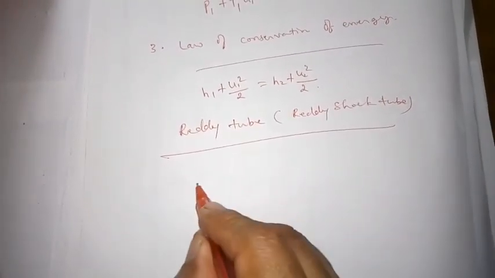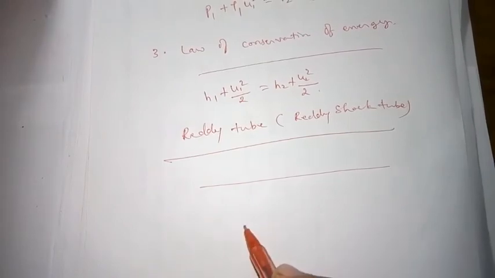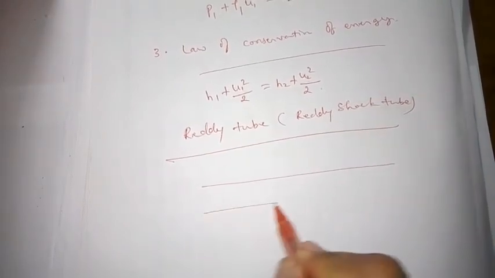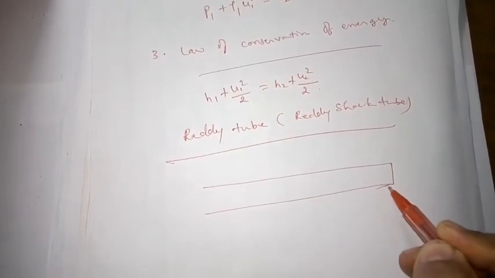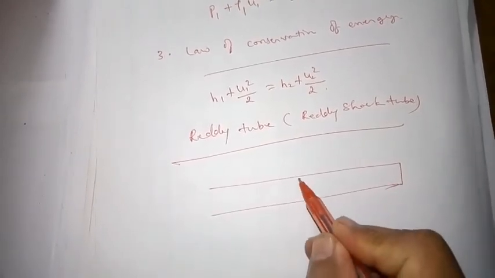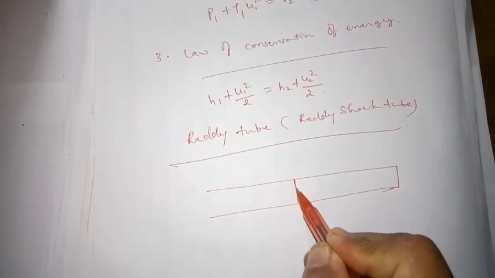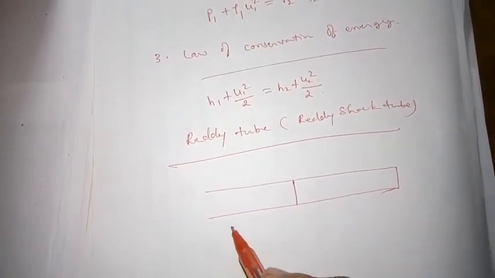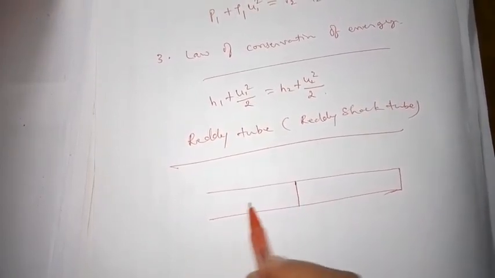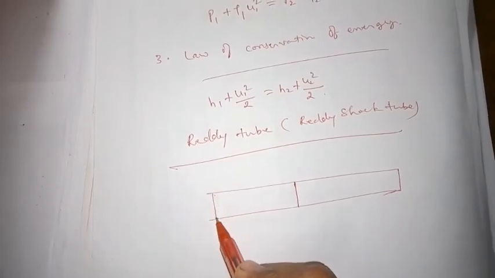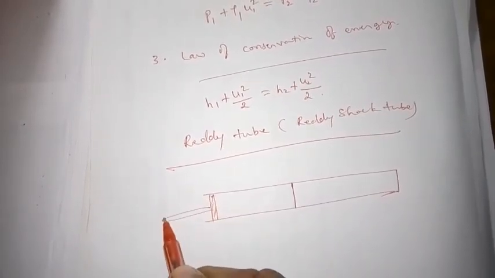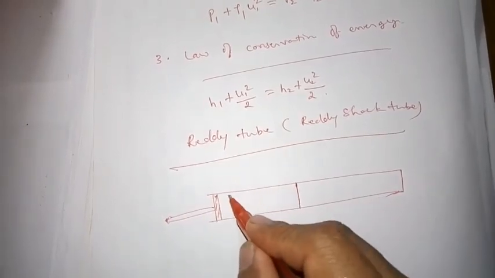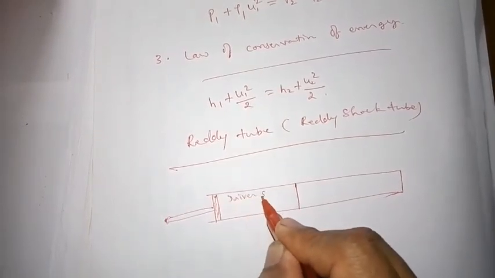There is a 1 meter long steel tube, 100 centimeters in length. This tube is divided exactly in half at 50 centimeters into two sections. In the first section it is fixed with a piston. This is known as the driver section.